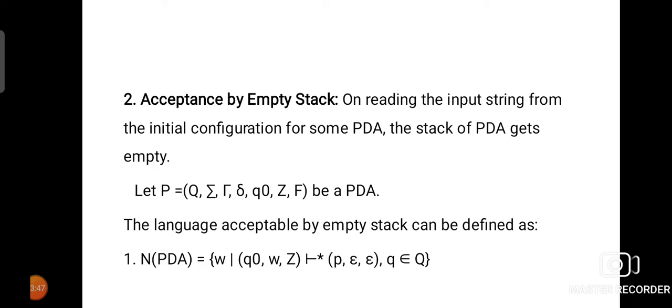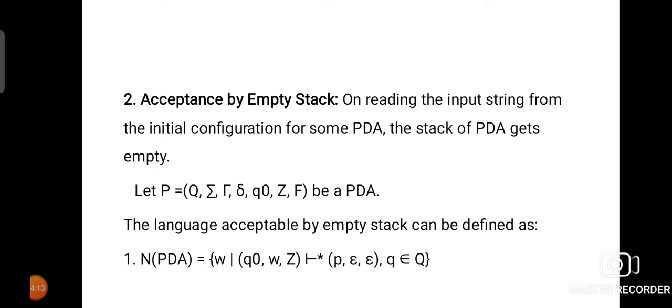In most of the problems, in phase 1, that is in the starting stage, we will push the symbols onto the stack. In the second phase, we will pop all the symbols from the stack. So finally, if the stack is empty, then we can say the particular input string is acceptable. That is the case happening in acceptance by empty stack. Finally, the stack should be empty.